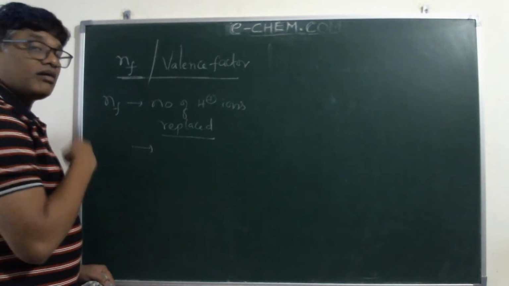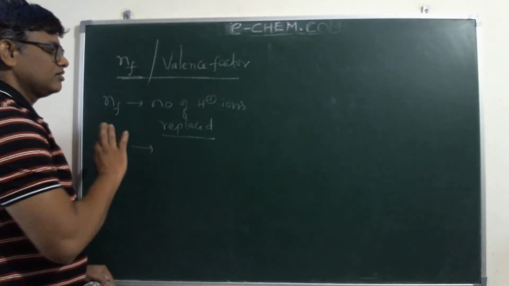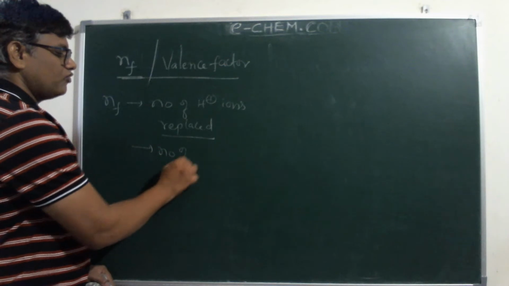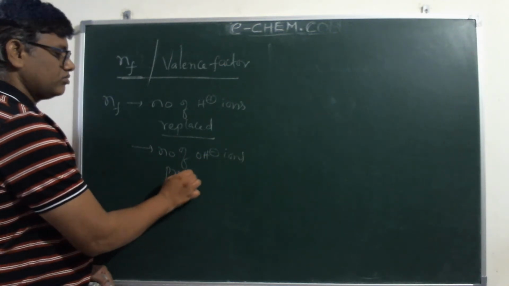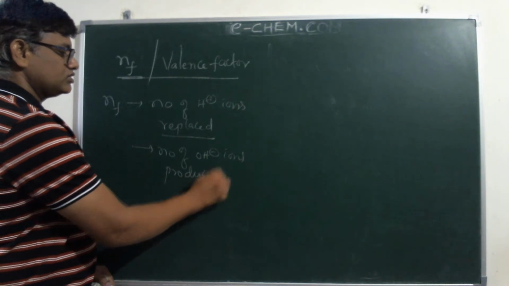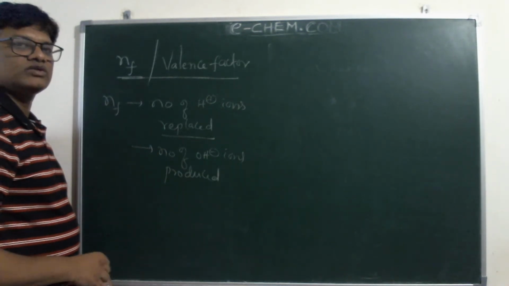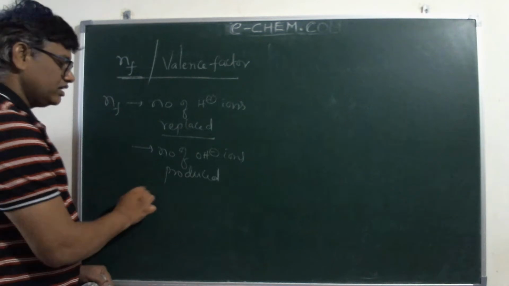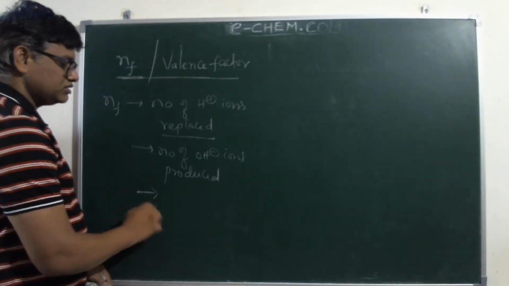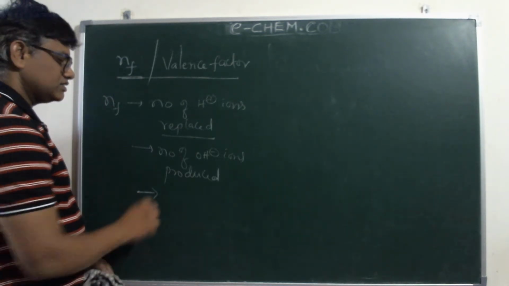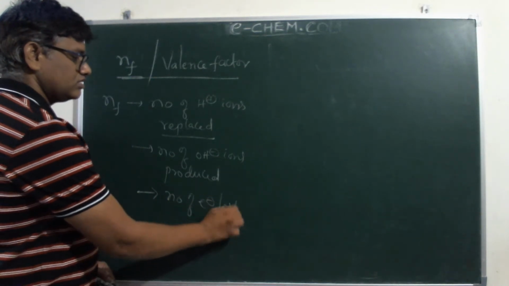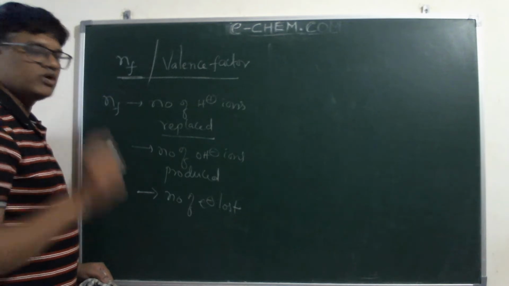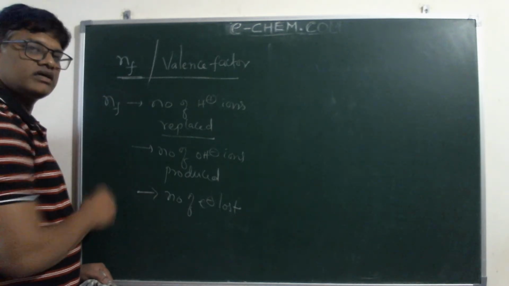If the compound is a base, the number of OH minus ions produced by 1 mole of the compound is considered as the n factor. If the reaction is an oxidation, the number of electrons lost per mole of the compound is considered as the n factor.